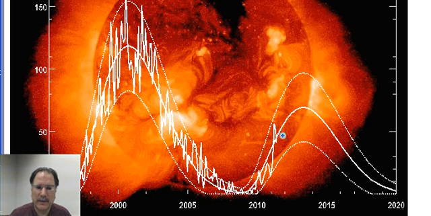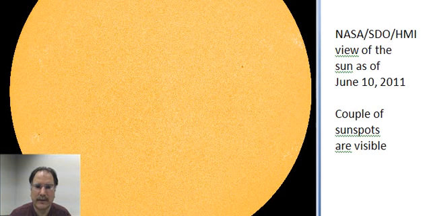Again, this particular cycle, cycle 24, is expected to peak around 2013 or so, and all this increasing activity, such as what we saw earlier this week with the solar flare, will continue to affect, or potentially affect, communication and satellite performance here on Earth. So that's something, of course, we have to monitor.